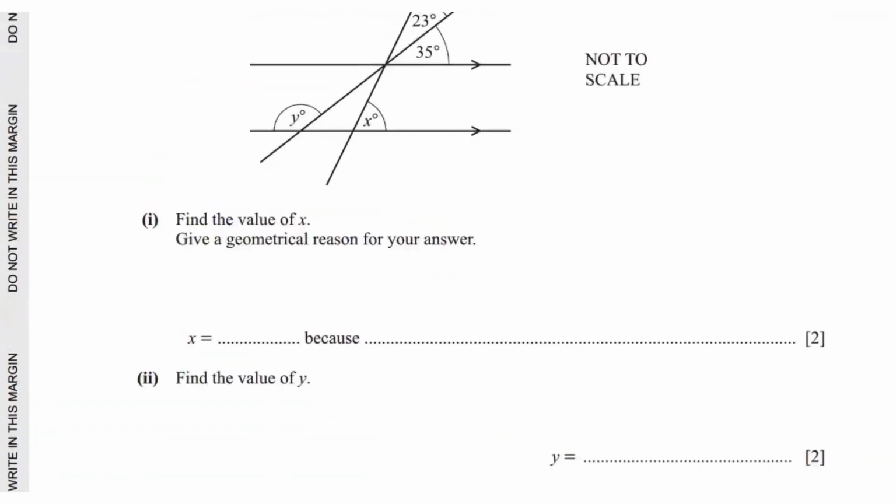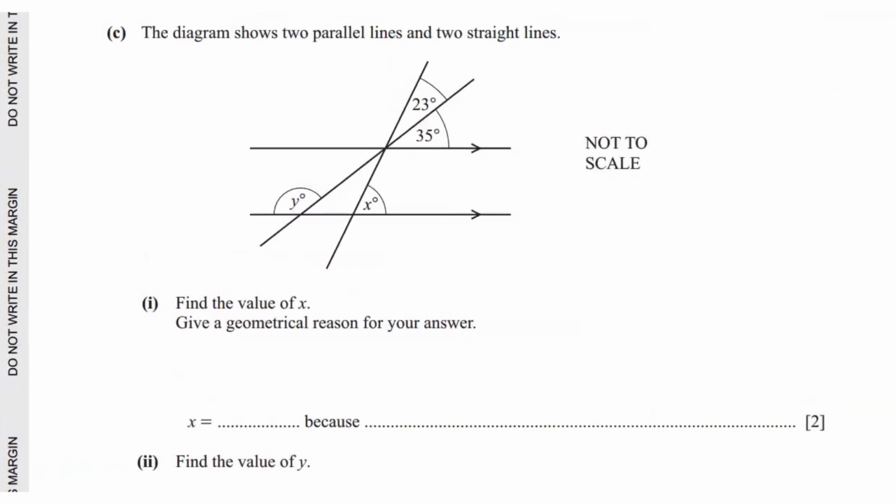Then it says find the value of y. So for y, if this was 58, we can find this value by doing, if we call this z, z would be 180 minus 58, and that gives us 122 degrees. So this is 122.